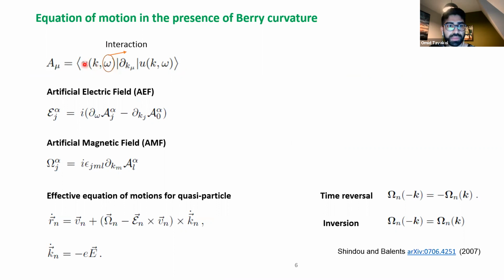When you have this omega dependency in your gauge field, then you can also define something like an artificial electric field and an artificial magnetic field. In this way, the effective equations of motion of your quasi-particle would be changed to something like this, which was shown by Shindou and Balents in 2007.